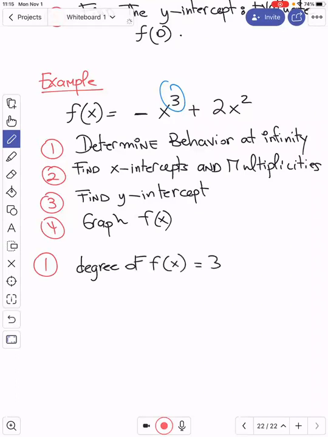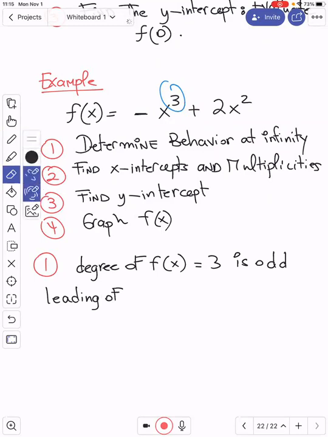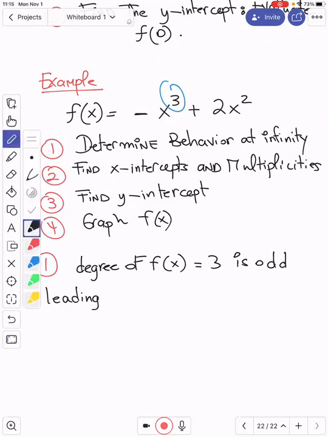And that's odd, of course. The number 3 is odd, right? And then the leading coefficient, the number in front of the highest power of x. So be careful, guys.